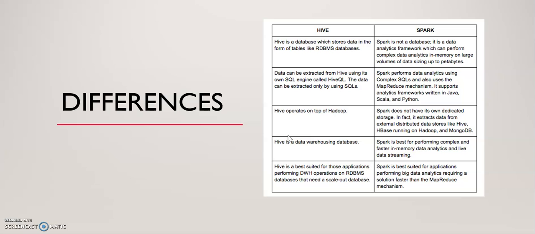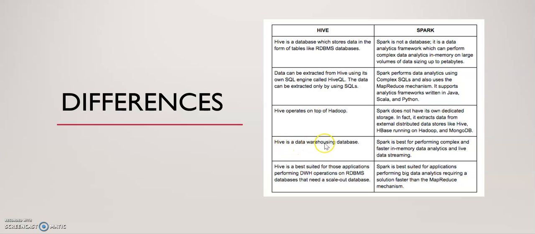Hive operates on top of Hadoop, but Spark does not have its own dedicated storage. Because Spark doesn't have its own storage, that helps Spark work faster than Hive.